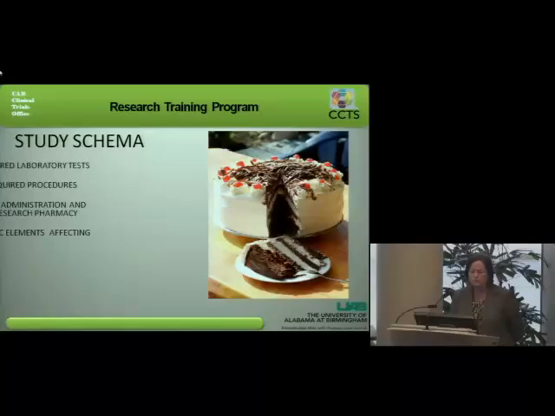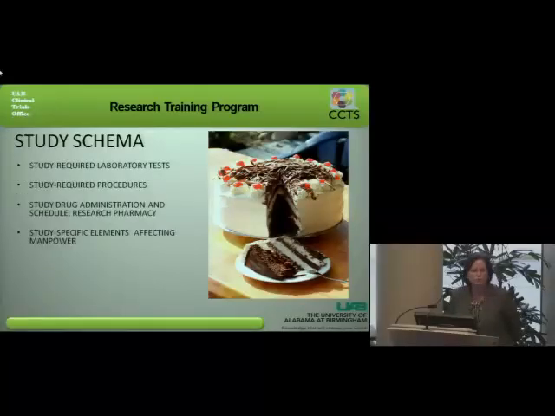You've got to ensure that you look at all the required elements of the protocol in order to be able to secure everything that you need in the budget. You want to look at what's required in terms of laboratory tests, the study procedures. Is there a study drug or a device perhaps, so that you'll need to involve research pharmacy?